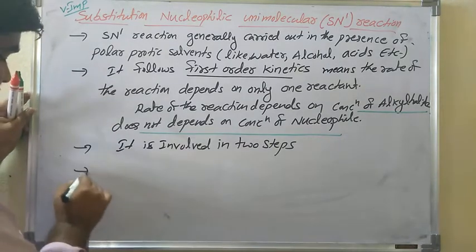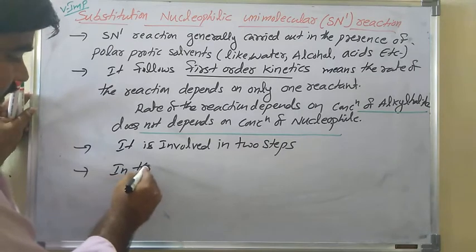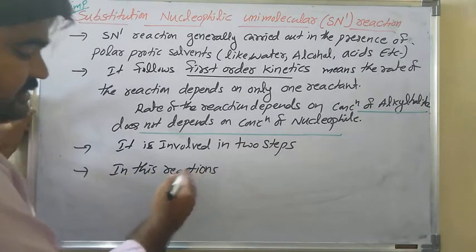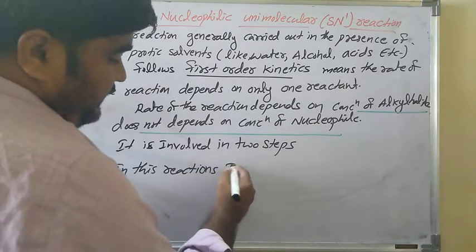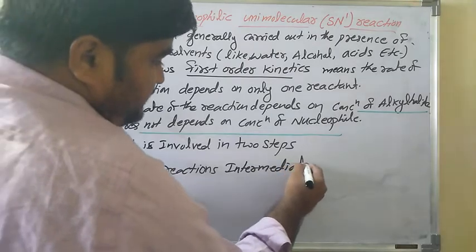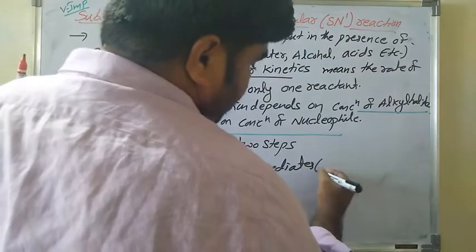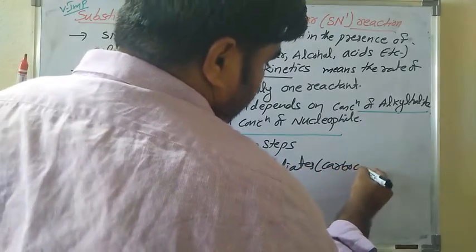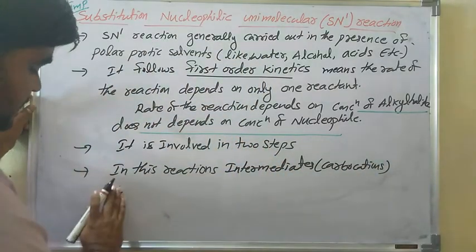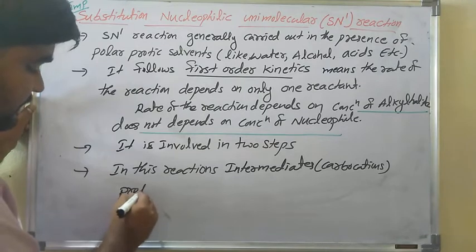And in SN1 reaction, an intermediate will be produced. Intermediate means carbocation will be produced.